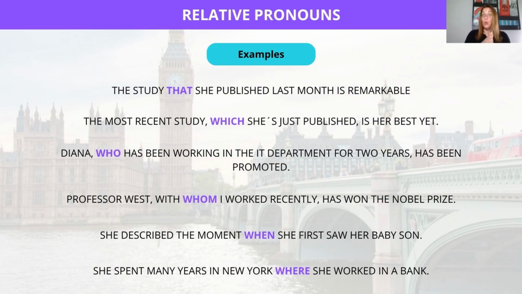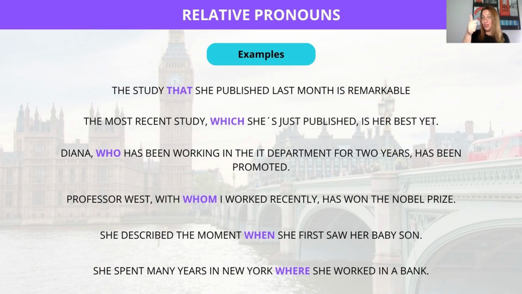That's it. So, which is the extra information I'm adding to the main sentence? Yes, where she worked in a bank, right? And second question, is this a defining or a non-defining relative clause? What do you think? Absolutely, it's a defining relative clause.